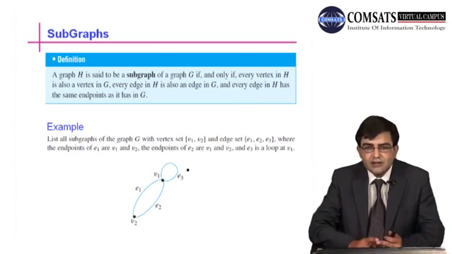So this is basically the definition of a subgraph. Every vertex of H must be a vertex of G. Every edge of H must be an edge in G also.